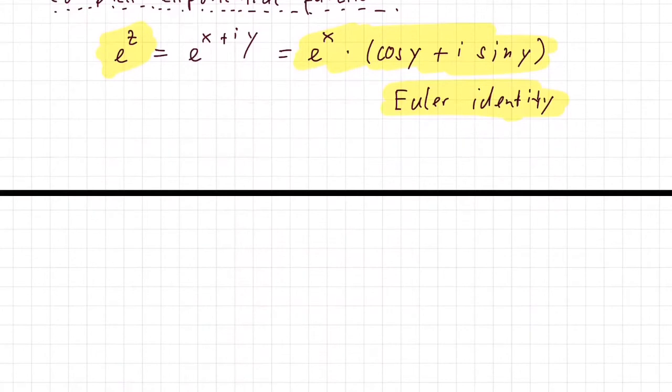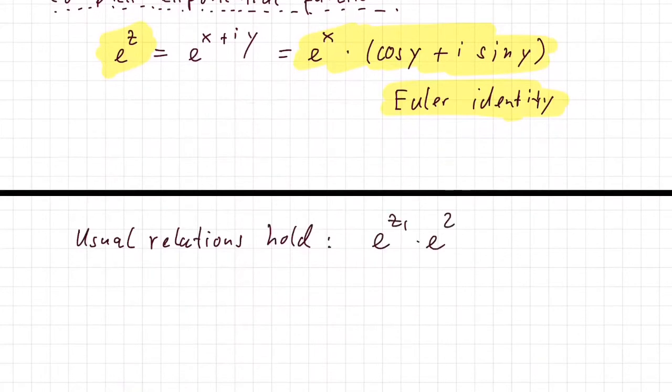So for example, the usual relations hold, such as that if you have e to the power of z1 times e to the power of z2, this is equal to e to the power of z1 plus z2. And you can easily show that from the Euler identity, making use of the sine and cosine multiplication theorems.